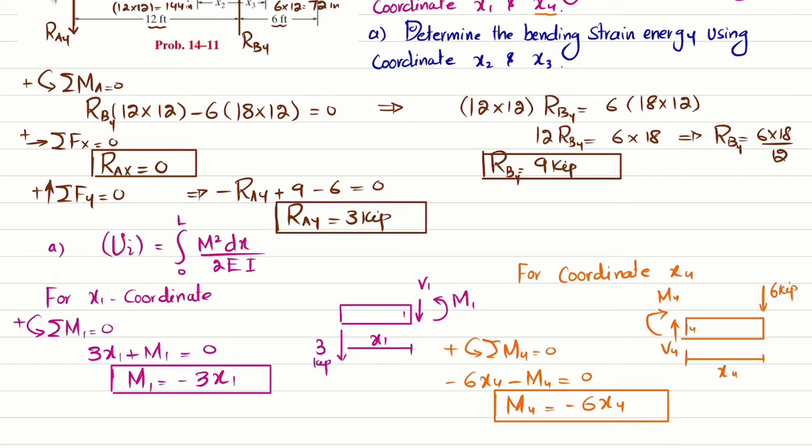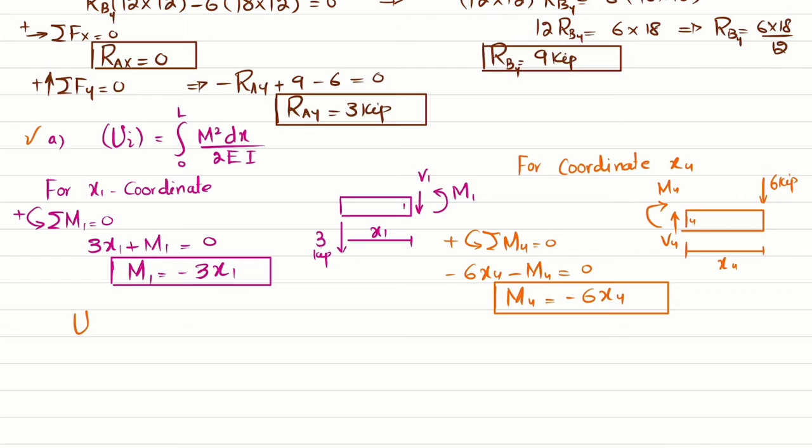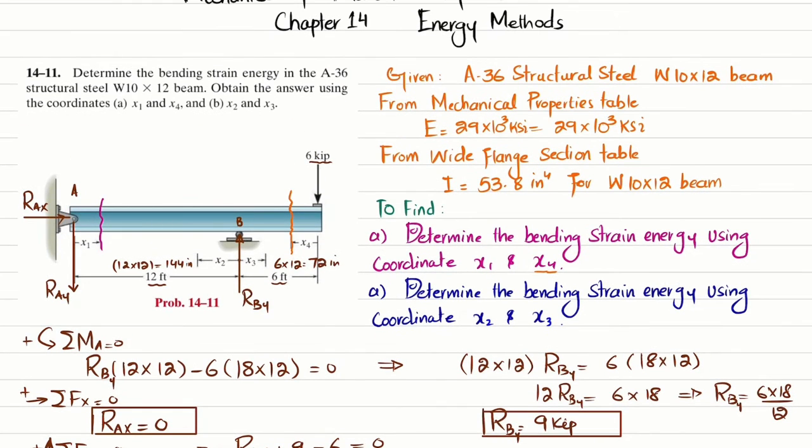So what we are going to do, we will put it in this formula. So we know that the strain energy due to bending moment is equal to, for coordinate x1, you can see its length is from 0 to 144 inch. Clear? And for x4 it is from 0 to 72 inch.